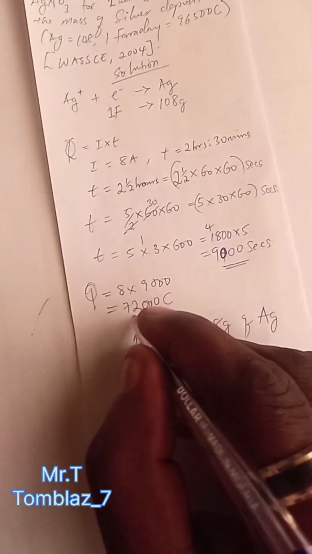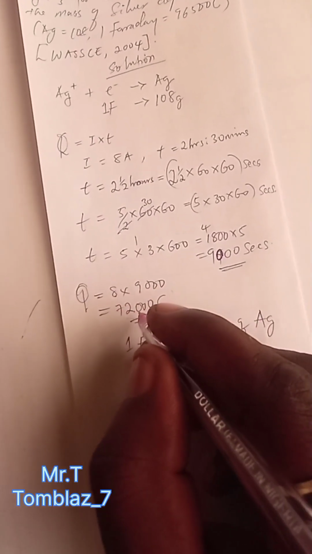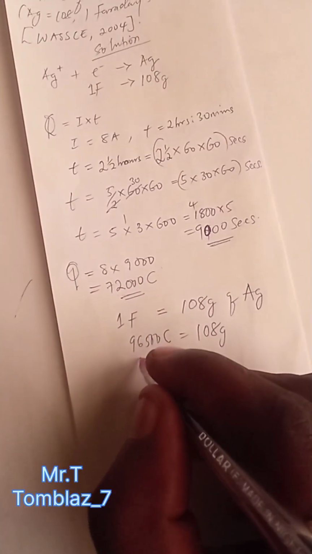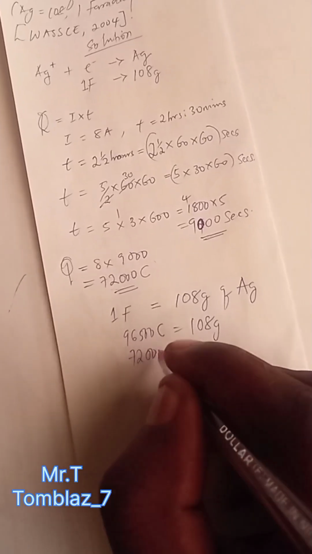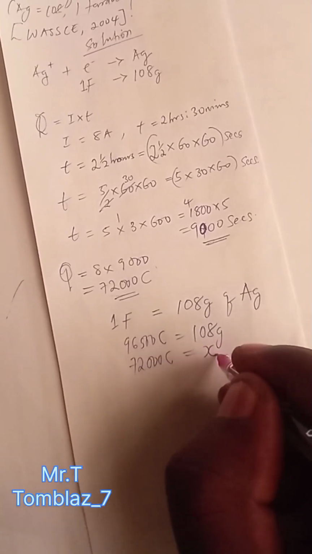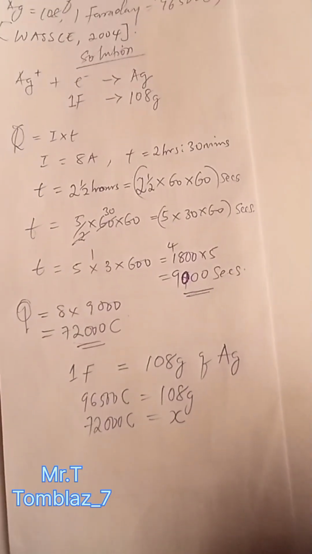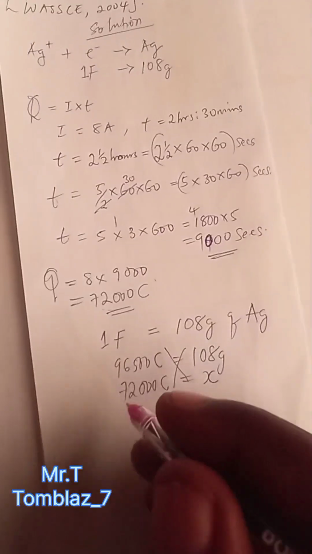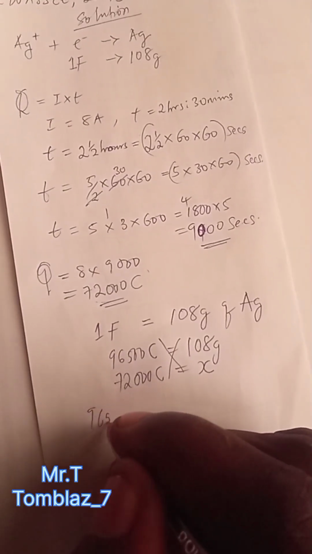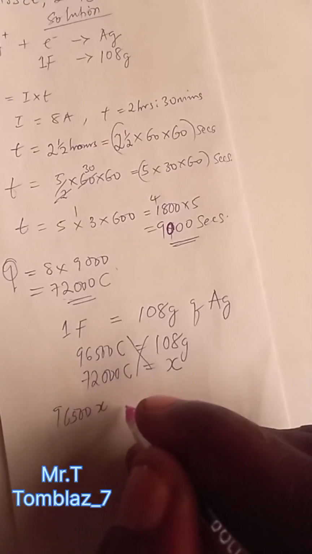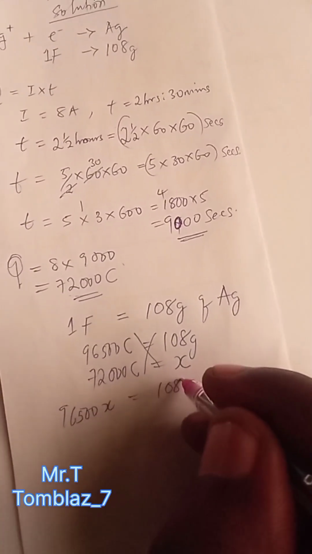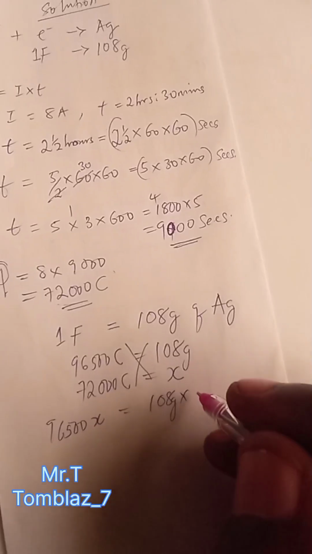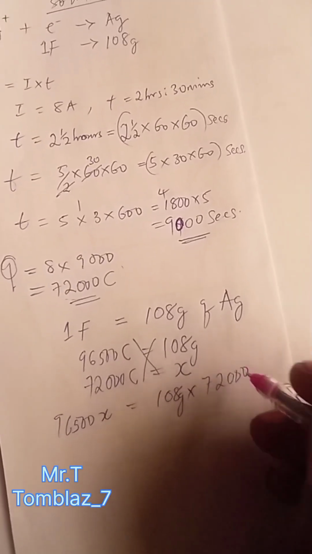Then what will 72,000 coulombs produce? So we have 72,000 coulombs will produce what? X. Remember our simple method, so we do cross multiply. So this times this will give you 96500x is equals to 108 grams times 72000.